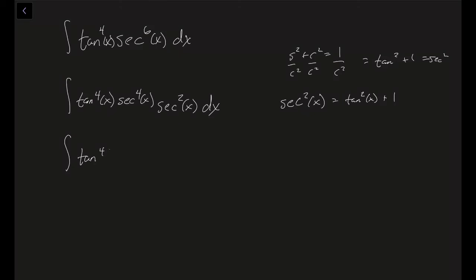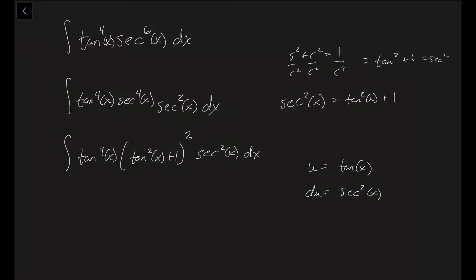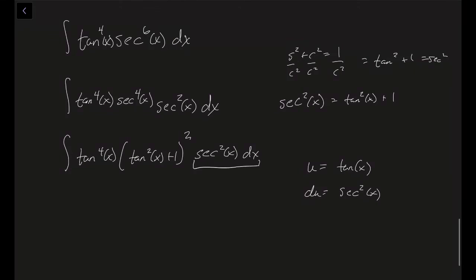So tangent to the fourth of x, and secant squared is tangent squared plus 1, but it's secant to the fourth, so it's squared squared, secant squared of x dx. Now we just let u equal the tangent of x, and so du is going to be secant squared, just like we have here.